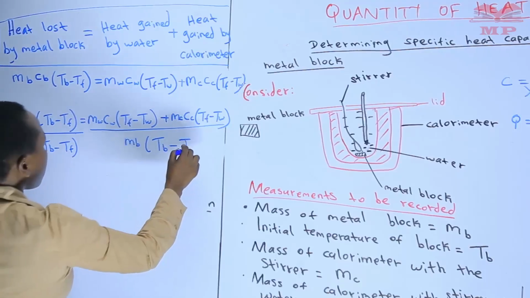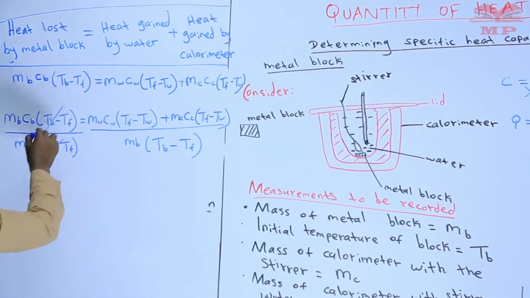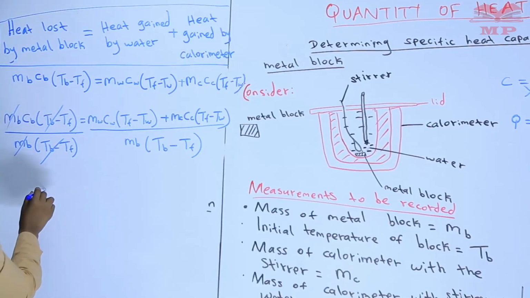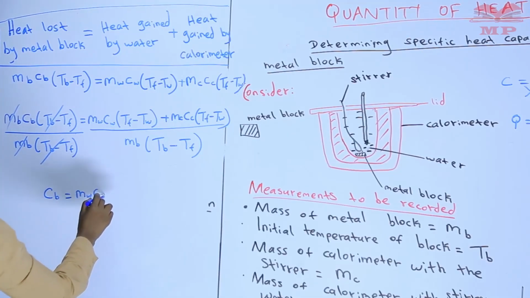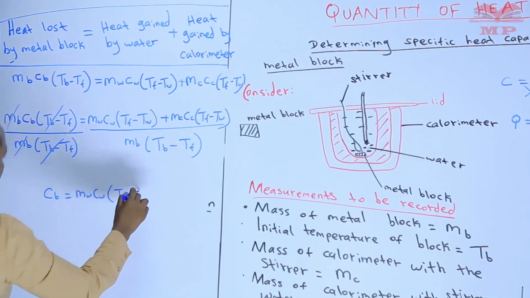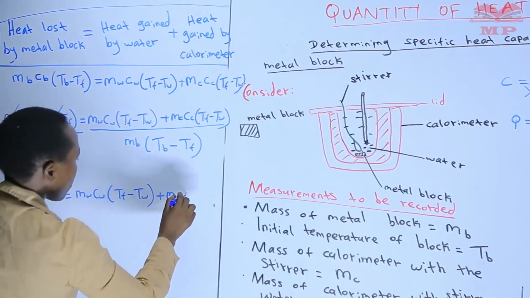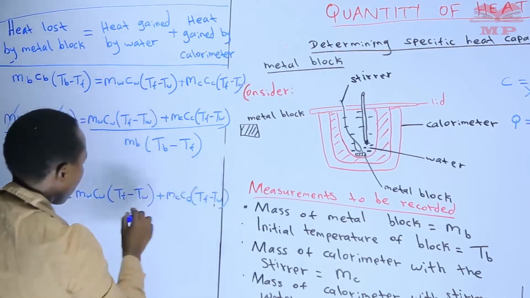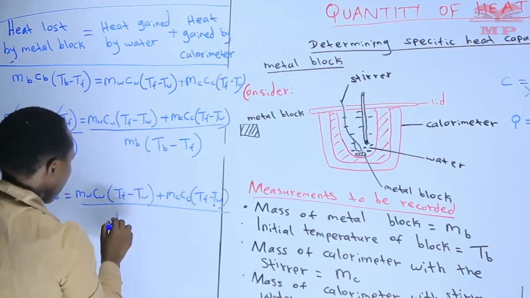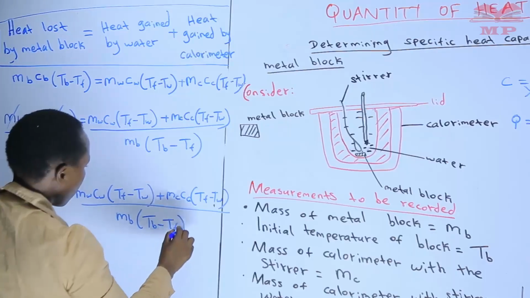When this cancels, the specific heat capacity of the metal block will be given by this, plus the mass of the calorimeter times its specific heat capacity times the change in temperature, all divided by the mass of the block multiplied by the change in temperature of the block.